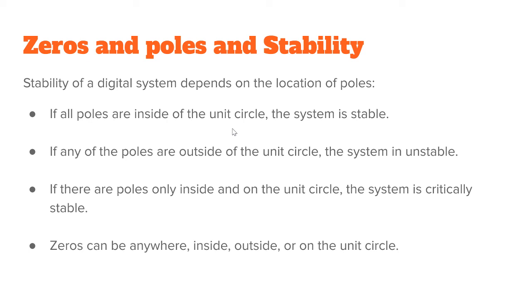If you don't have any advanced operations for the data, then it's also causal. And the fourth question was, is this system stable? The stability criterion is quite simple. After you have calculated the zeros and poles, if all the poles are inside the unit circle, then you have a guaranteed stable system.